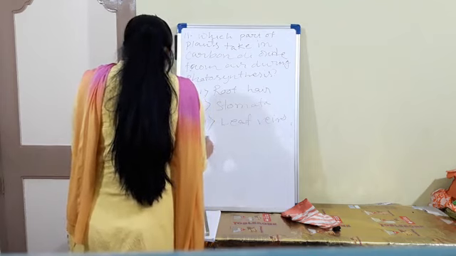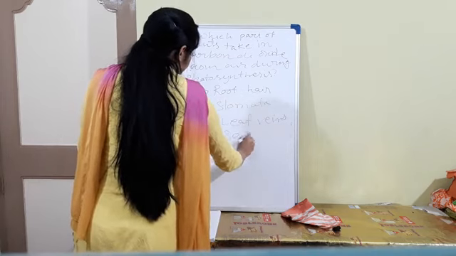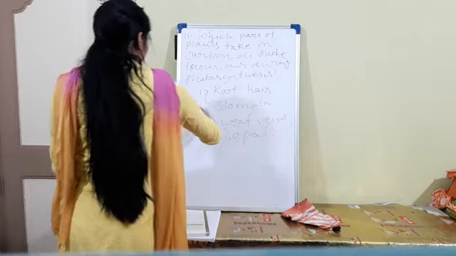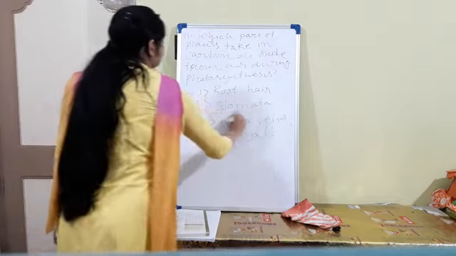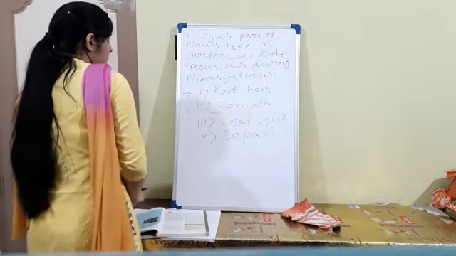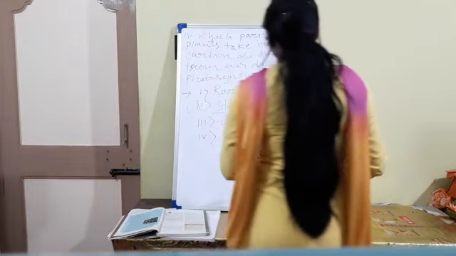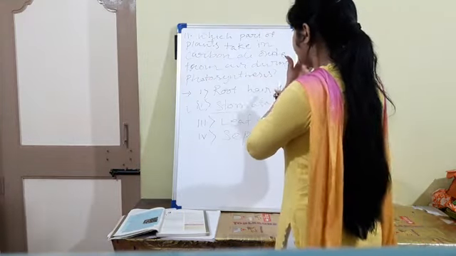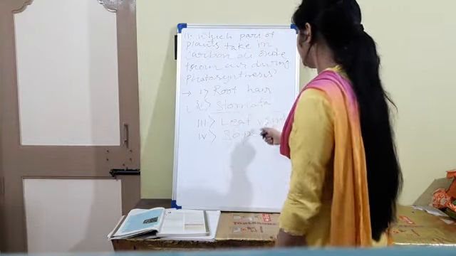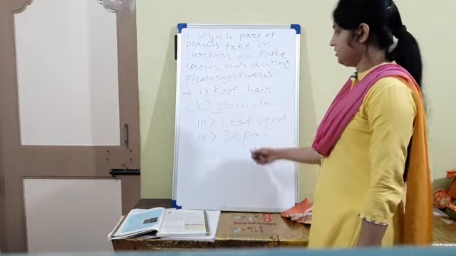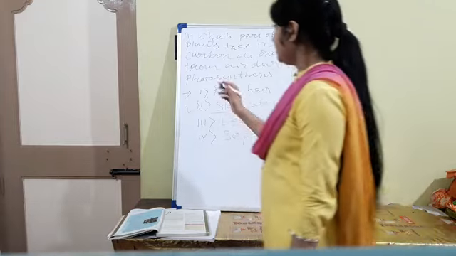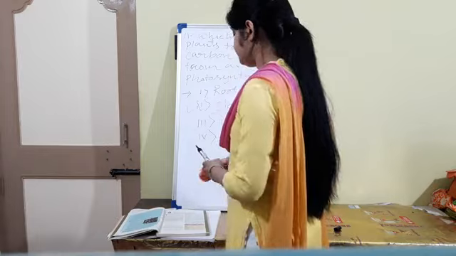Number 4, sepals. So right answer will be stomata. Okay, this one is the right answer. So which part of the plants takes in carbon dioxide from the air during photosynthesis? Root hair, stomata, leaf veins and sepals. Right answer stomata.